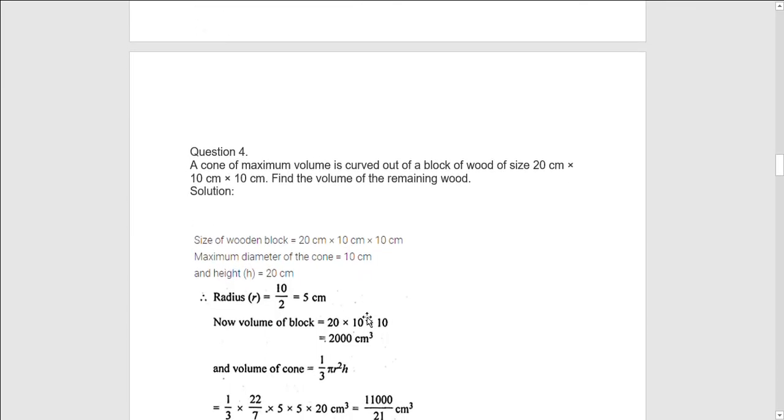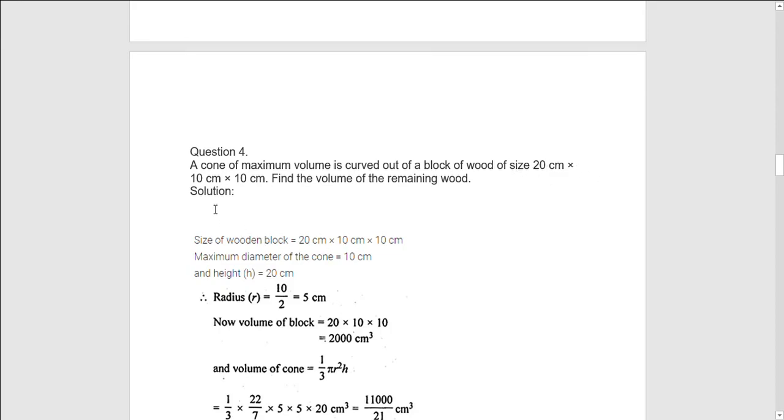Now question number 4. A cone of maximum volume is carved out of a block of wood of size 14 centimeter into 10 centimeter into 10 centimeter. It means what is given? From the wooden block the cone is carved out. So what is the shape of the wooden block?